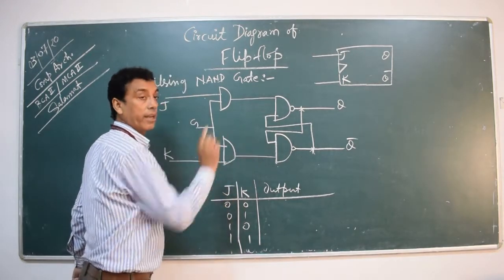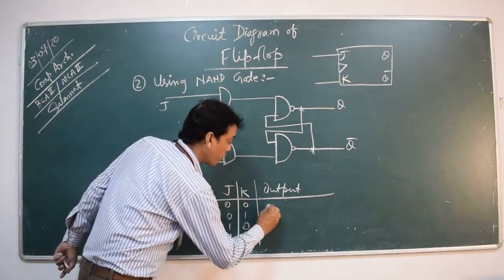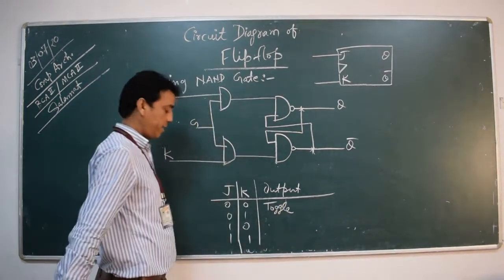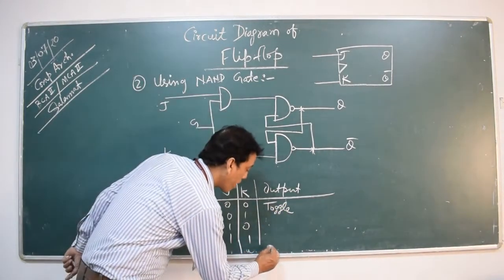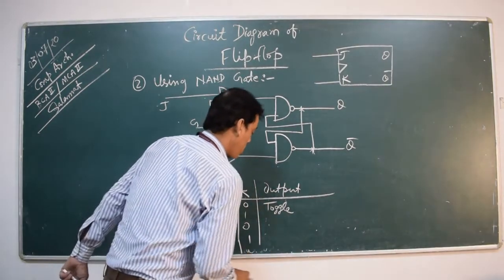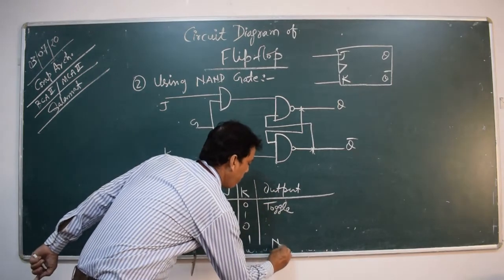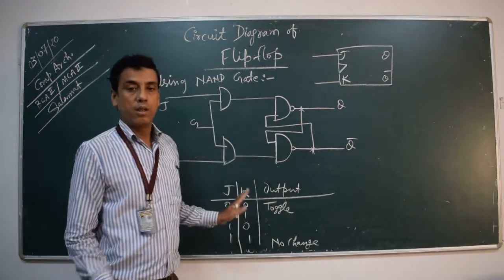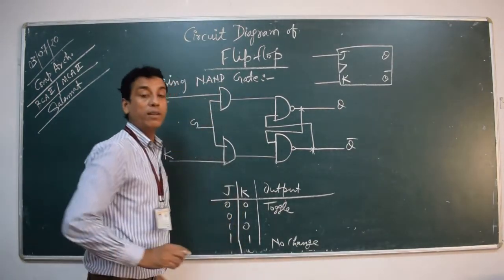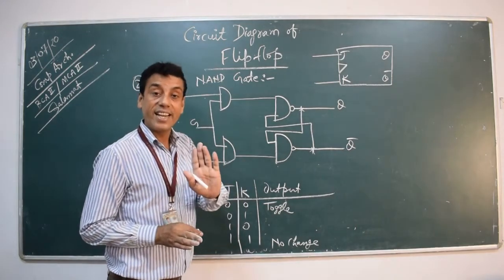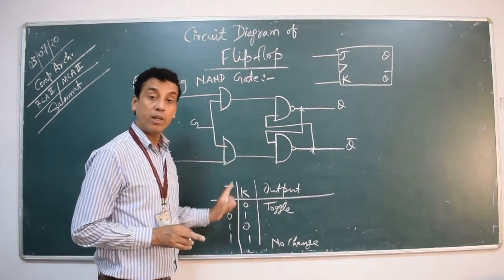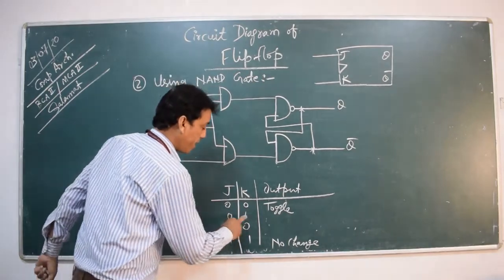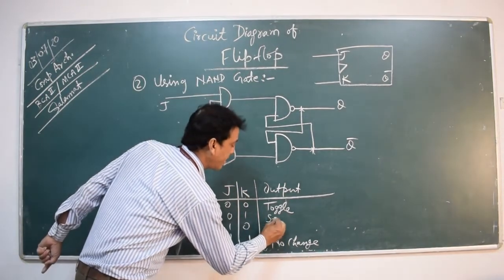But here, in the case of NAND gate, the 0, 0 will be toggle state, and 1, 1 will be no change state. 0, 1 was reset state in the case of flip-flop of NOR gate. Here 0, 1 will be set state.